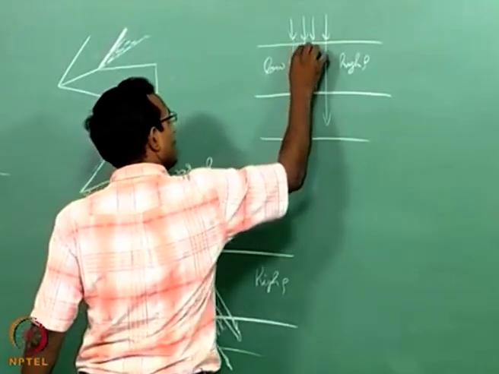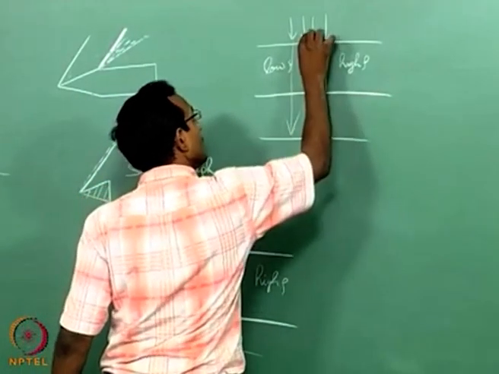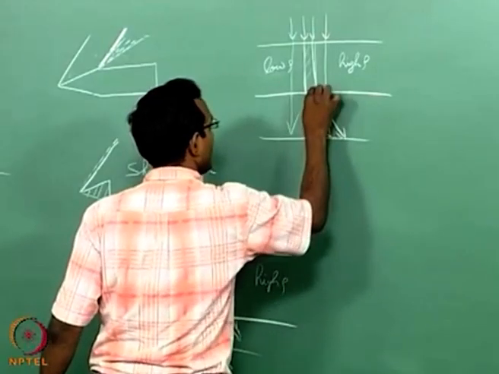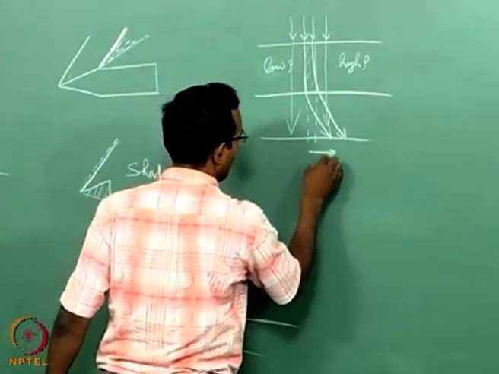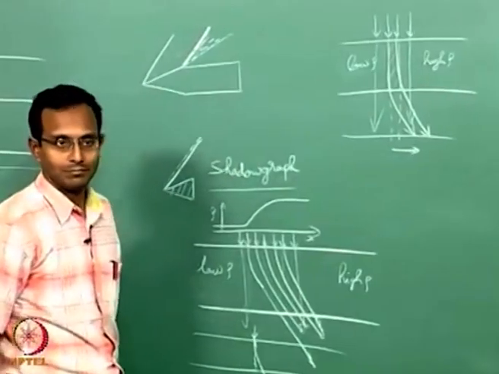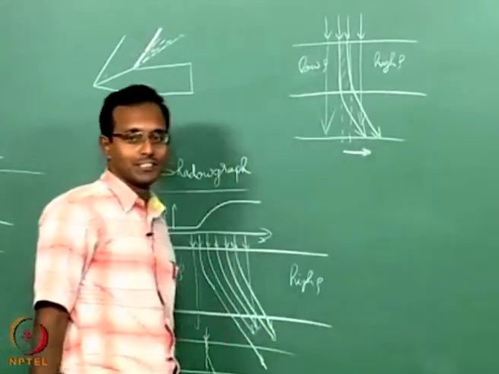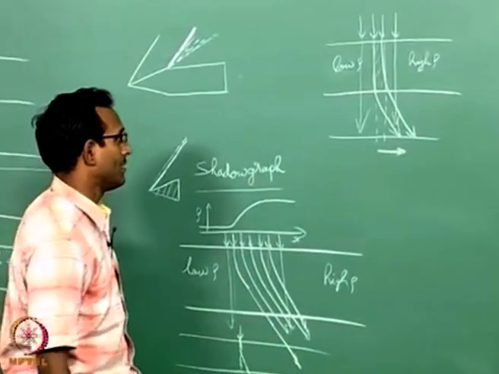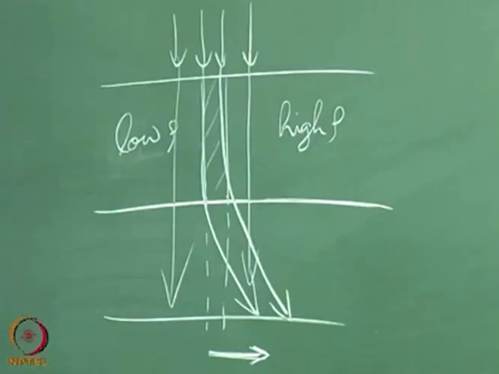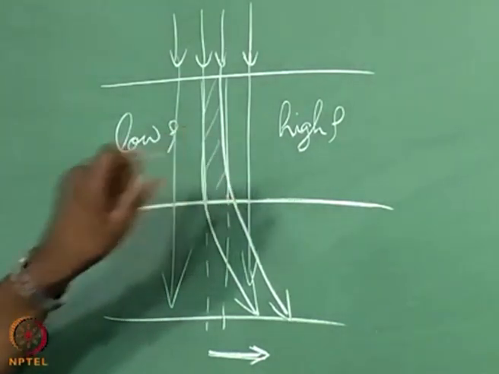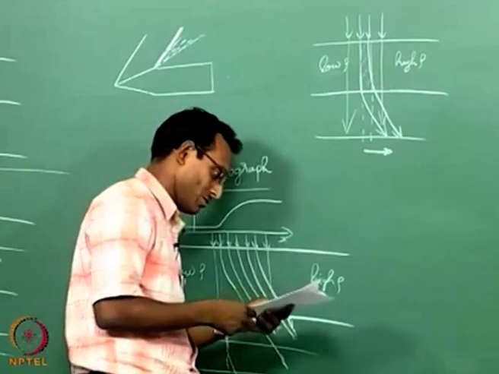Then I can think about, instead of going straight, it went by this much distance, right. I can think about the net displacement of these lines. That is one quantity I can try measuring, and that will tell me an inference of what the density change inside is.